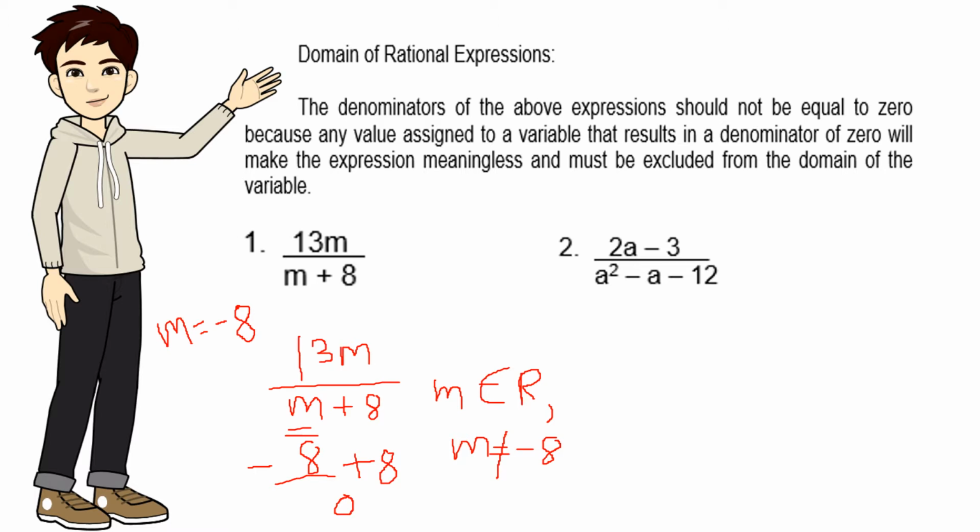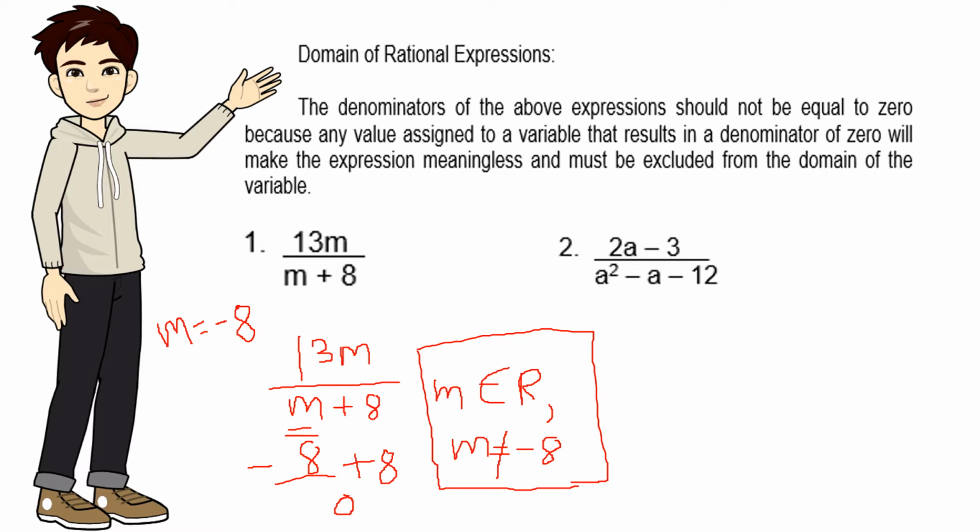Ibig sabihin, the denominator will become 0, kaya ang negative 8 natin will not be part of the domain. So m is any real number where m is not equal to negative 8.